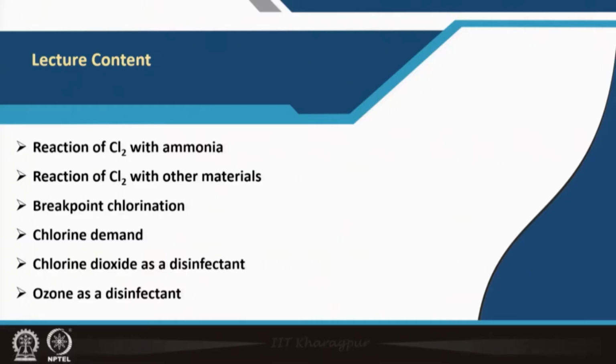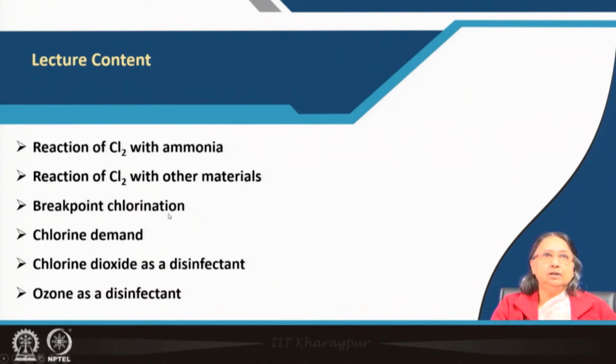In this lecture I will cover the reaction of chlorine with ammonia, reaction of chlorine with other materials, breakpoint chlorination, chlorine demand, chlorine dioxide as a disinfectant, and ozone as a disinfectant.